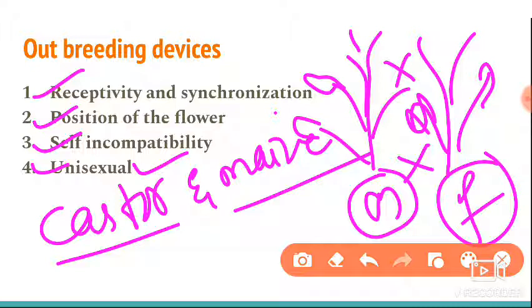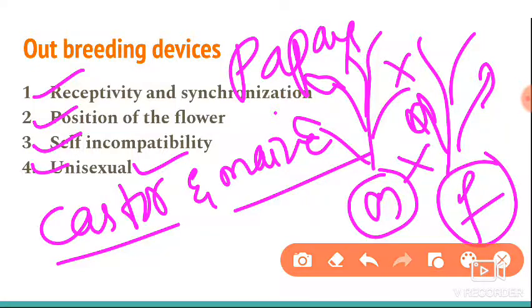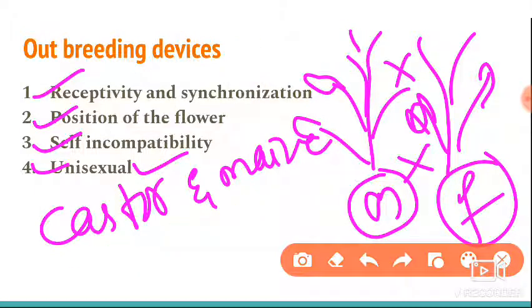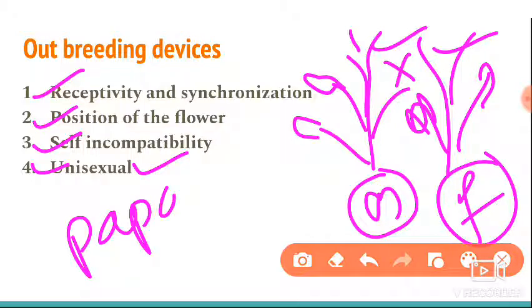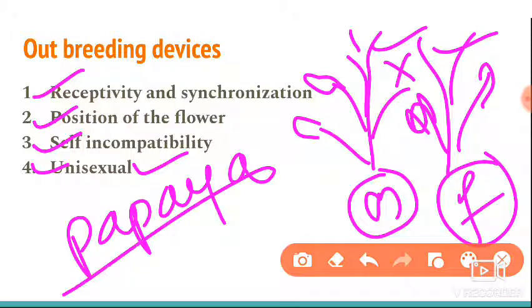But in the case of unisexual plants or dioecious plants, we can take the example of papaya. Papaya is the best example for a dioecious plant. In a dioecious plant, male and female plants are different.